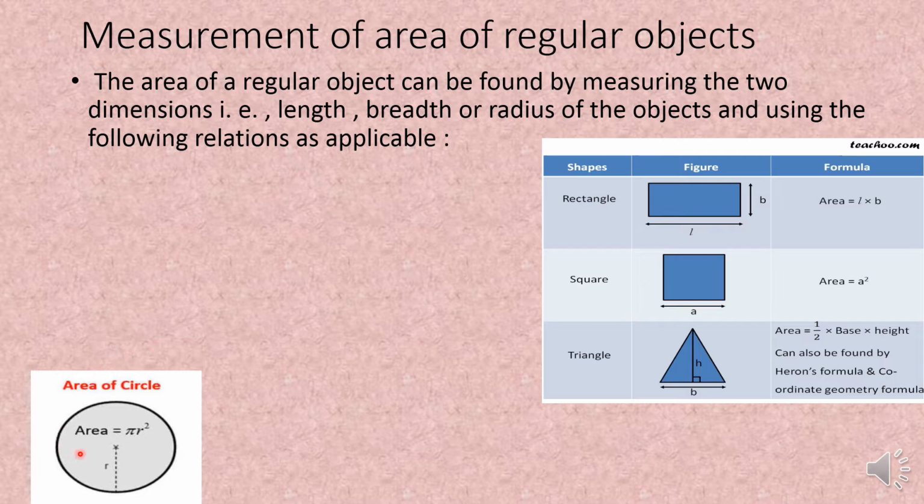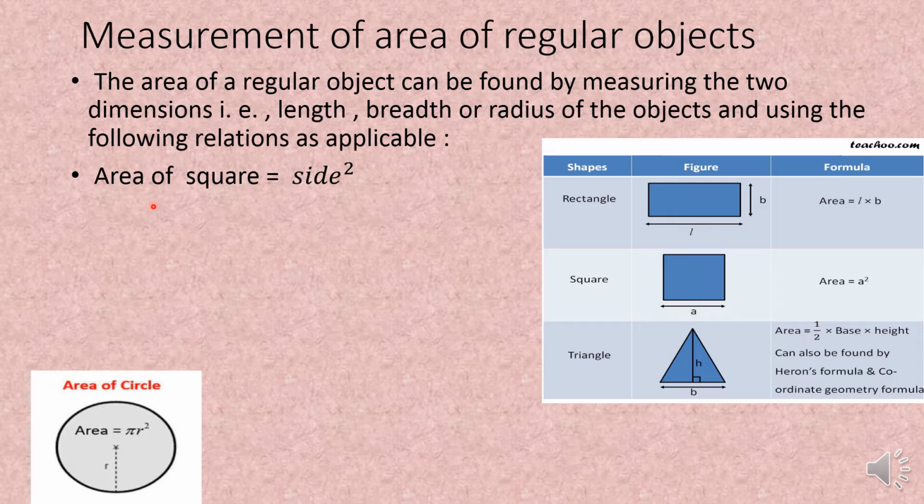Like this is a circular shape, and from the midpoint of the circle till its circumference, this is the radius of the object, using the following relations as applicable.